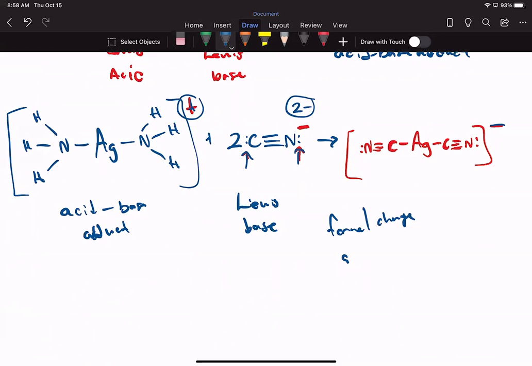Formal charge, we take the group number minus the number of bonds minus the number of electrons.